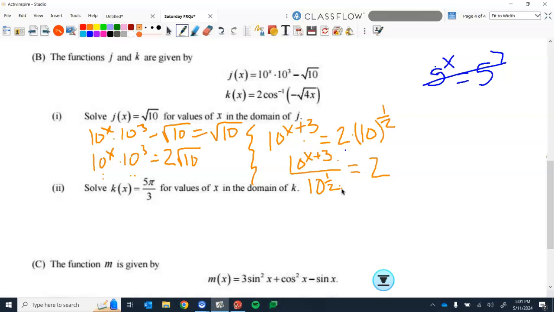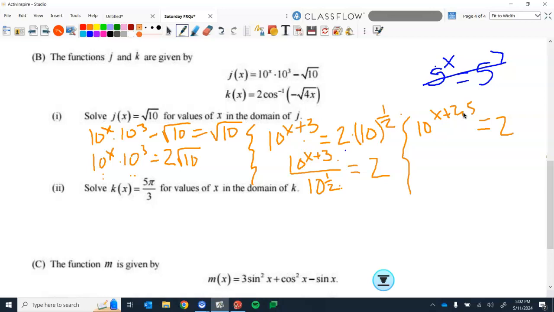This is a simple decimal. It's not a repeating decimal, nothing like that. So when I subtract, I get x plus 3 minus 1/2. Really, 3 minus 1/2 is just 2.5. So this is going to give me 10 to the x plus 2.5 power equals 2. That looks like a 7, but now 2.5. You're going to have to bear with me. I think I'm losing it completely now.